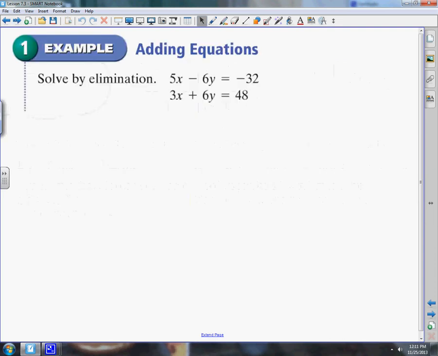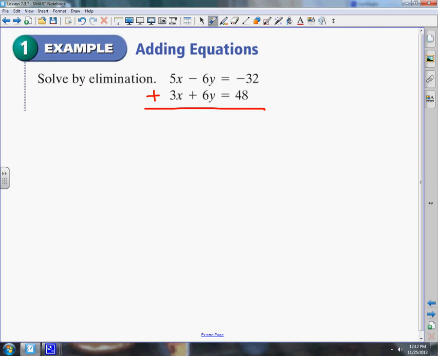So now here's how it works. If you look at these two equations, you notice that the 6y's are the same. One's negative and one's positive. So what you're going to do is eliminate them, and you're going to add these two together.